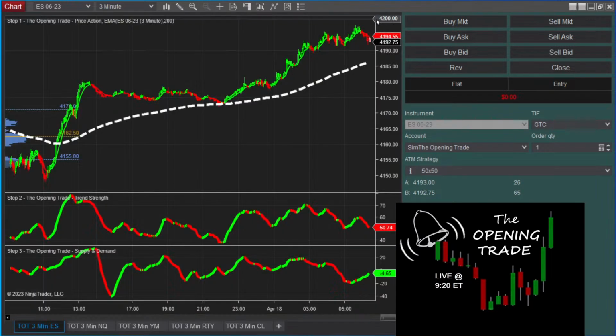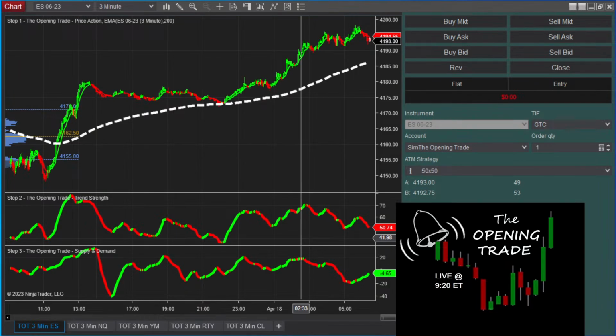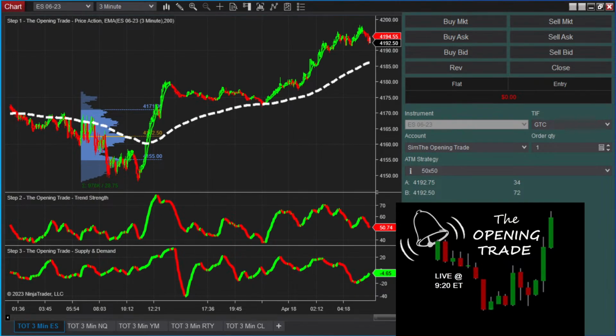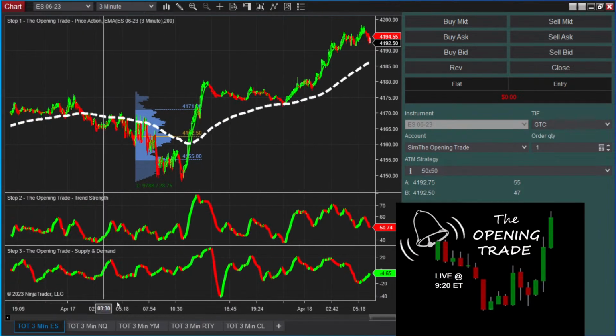Okay. So now that we've looked at our back test results, I want to make sure that I have my chart set up correctly on a 3-minute candle, that I'm in the right account and on the right strategy. Then the first thing I like to do is see what happened in total of yesterday.